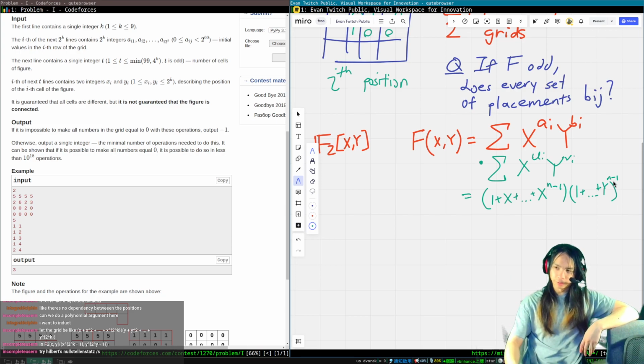Oh, okay, but here's the thing. If I'm working modulo 2, there's a much easier way to write this.